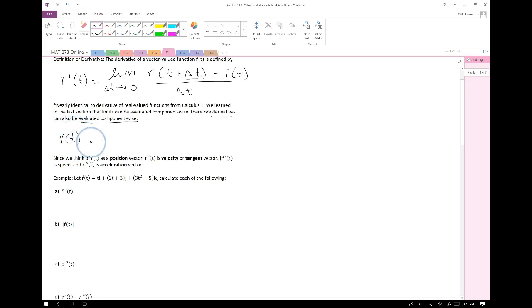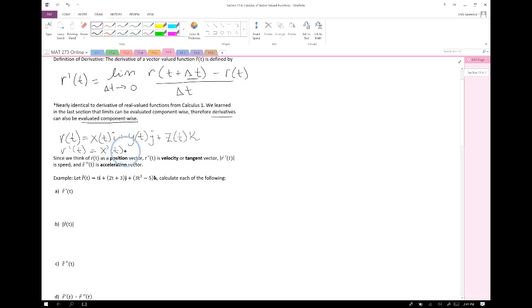So in math symbols, what this means is if we've got r of t is x of t i plus y of t j plus z of t k, r prime of t is going to be a vector-valued function with just the derivatives for each of those component functions.